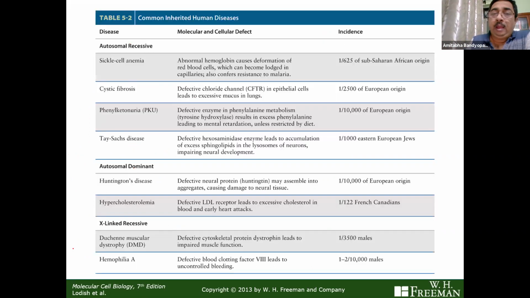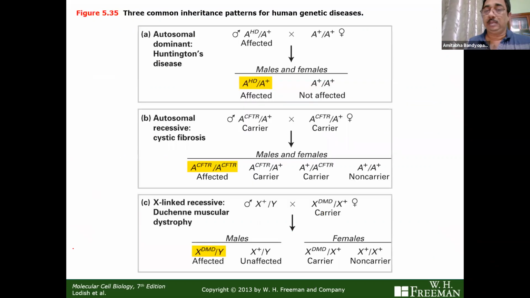Okay. So there are many different spontaneous genetic disorders. They are linked with changes in gene sequence. They all have particular inheritance patterns. These are very simple. Now that you know genetics, it is no big deal for you.